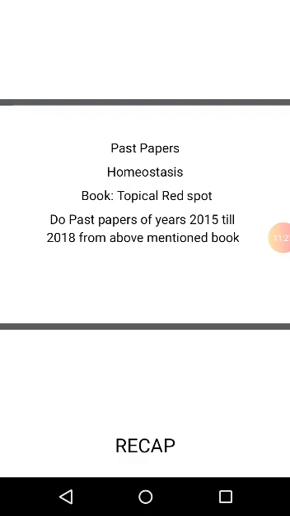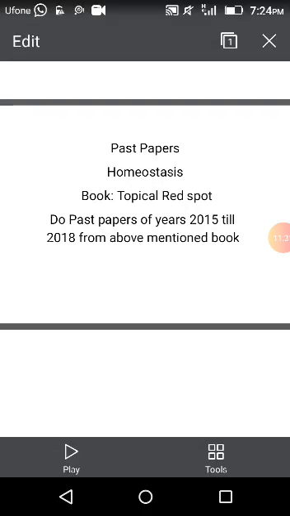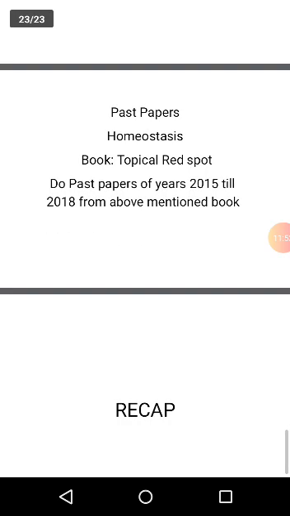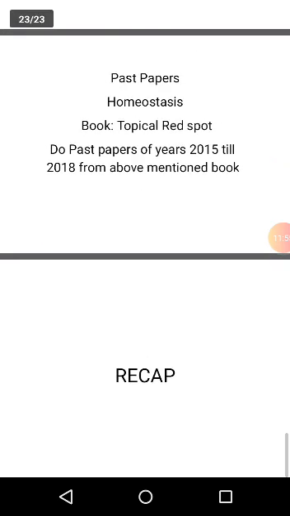You have to do past papers of homeostasis from your book Topical Red Spot, and you are instructed to do the past papers of years 2015 till 2018 from the above mentioned book. I think all of you have bought this Topical Red Spot book, and you have to solve MCQs and structured questions which will be helpful for the next week's topic test.